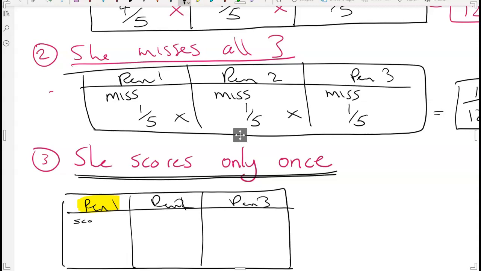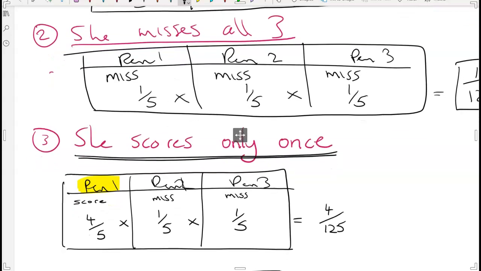So this would be a score, this would be a miss, and this would be a miss. That would mean she would have scored only once. So the probability of scoring is 4/5, missing is 1/5, missing is 1/5. So the probability of that happening in that order is 4/125.